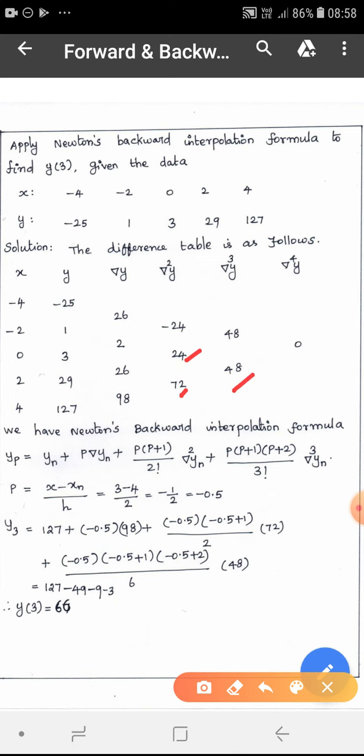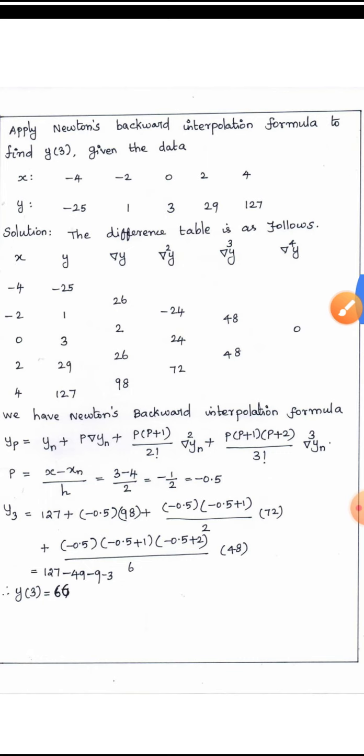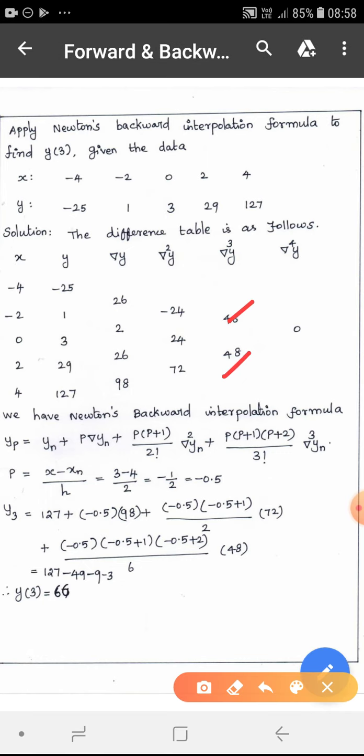These are the third order differences or third order backward difference. Then the fourth order backward difference, look at the preceding column. From the preceding column, you calculate succeeding value minus preceding value, that is 48 minus 48 equal to 0. So which gives the entries of fourth order backward difference.